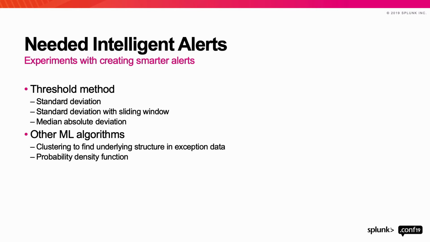Then finally, we tried the probability density function, which is another anomaly detection function, and we found that it actually works best for us, and we'll talk a little bit about that towards the end. The probability density function was easier for us to set up. It supports the fit and apply commands, so you don't need to save something to a file. You can just use those two commands.